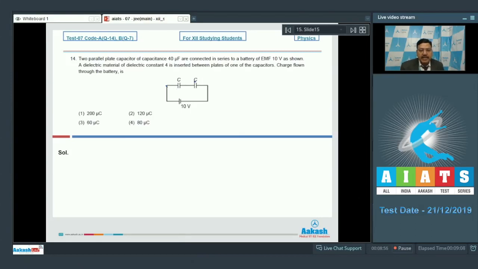So the initial charge on the capacitors Qi is equal to C by 2 into 10 volt, which is 5C. This is the initial charge on the capacitors.